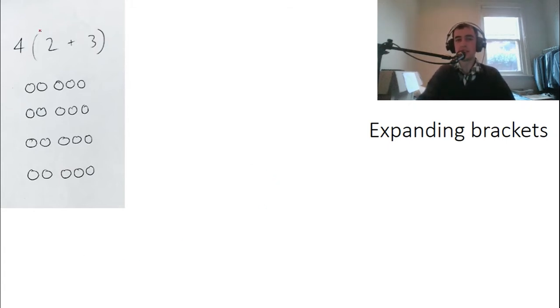Now, expanding, as I said before, is taking two factors and getting one expression from that. Well, sometimes you have three factors and you're getting one expression, or four factors and you're getting one expression, but let's just start simple. So here's my two factors. 4 is one factor and 2 plus 3 is another factor.